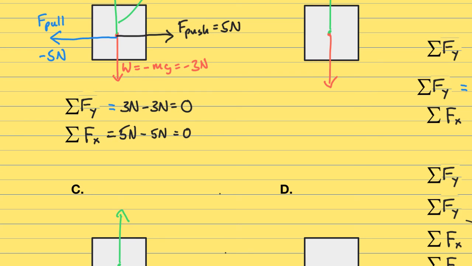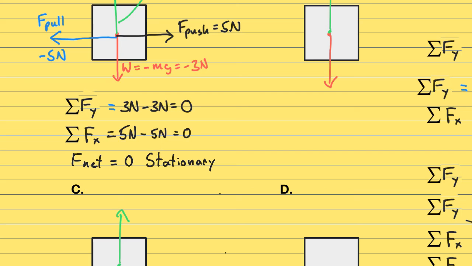And so since both the summation forces in y and x are 0, then we can say that F net for this object is equal to 0. And since the object wasn't moving in the first place, that means that the object is stationary. It has no acceleration. It is not changing its motion.